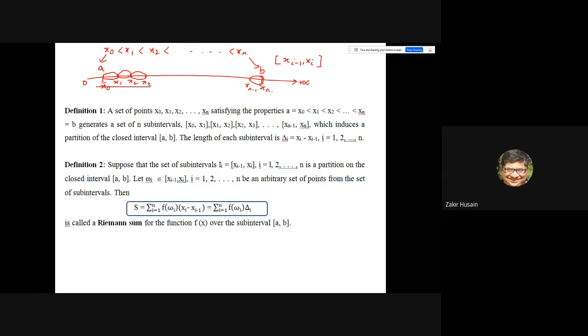So the first subinterval, what is i minus 1 when i is 1? It is x0. What is this subinterval? The second subinterval is up to x2. This will be 2 minus 1, so 1. Okay. So in this way we go on.